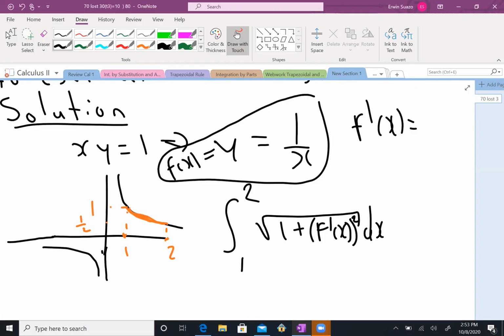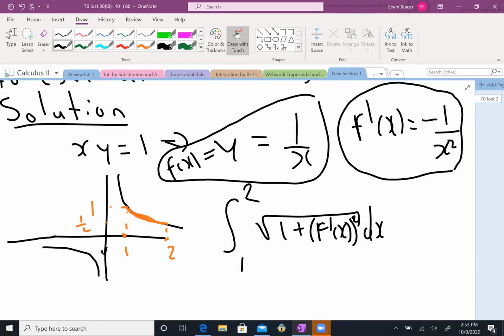The derivative. What is the derivative of 1 over x? Is it negative 1 over x squared? Yes, minus 1 over x squared. So it's important that your mind doesn't play tricks on you.